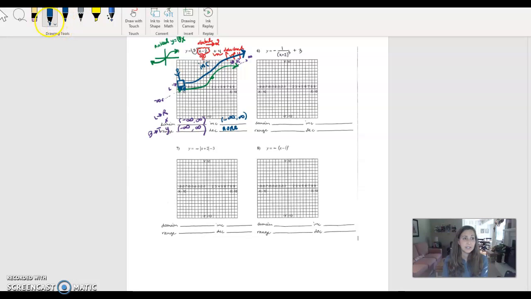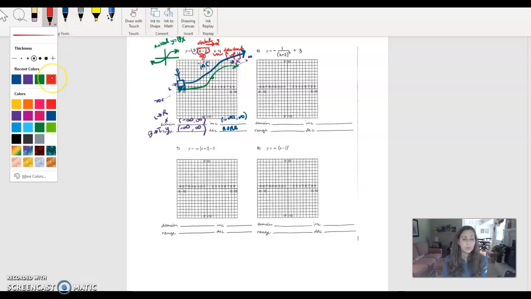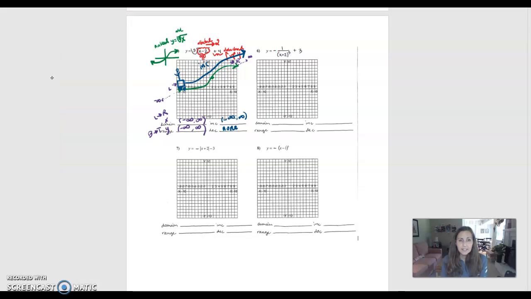Let's try number 6. Let me go back and get our colors. We're going to use red for our transformations. Okay, this plus 2 is attached to x by parentheses. So it's going to move it in the opposite direction from what we would expect horizontally.